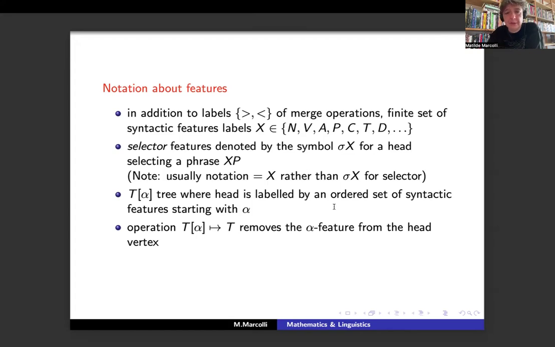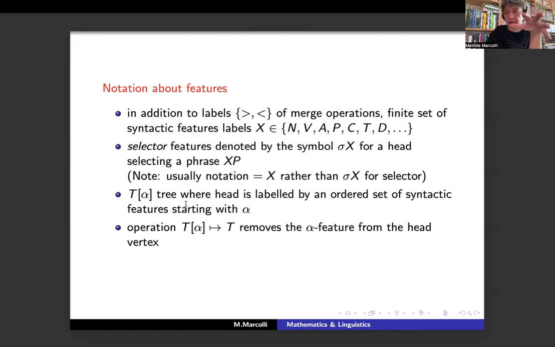And the label attached to an entire tree is the label carried by the head of that entire structure.